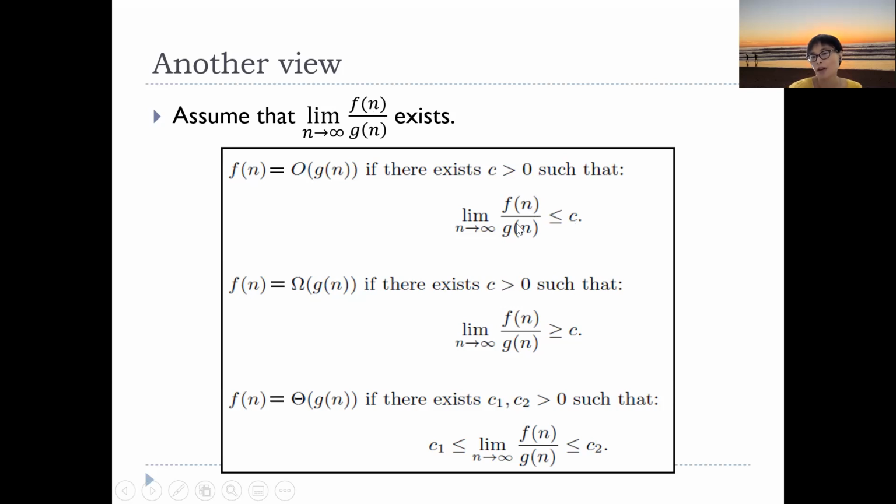That just means that f of n is basically smaller than c times g of n. That's why f of n is in big O of g of n. Same for bigger than c. And the two have an asymptotically tight relation, namely a big theta relation, if in the limit this ratio goes to some constant between two constants, c1 and c2.